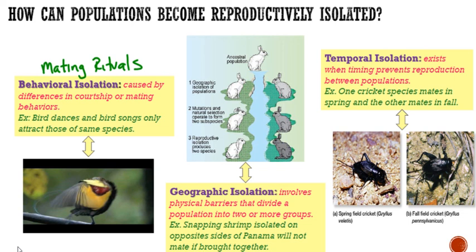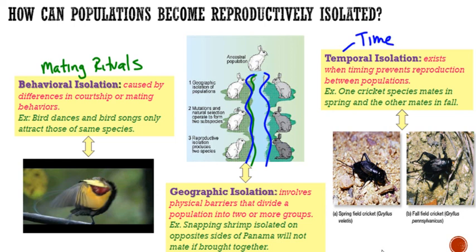We have a geographic isolation. It's a pretty easy one. If you are separated by a river or a mountain, that's going to prevent you from interbreeding with the other population. So a physical or geographic barrier that isolates two groups that once was one population. Or temporal isolation. This deals with time.